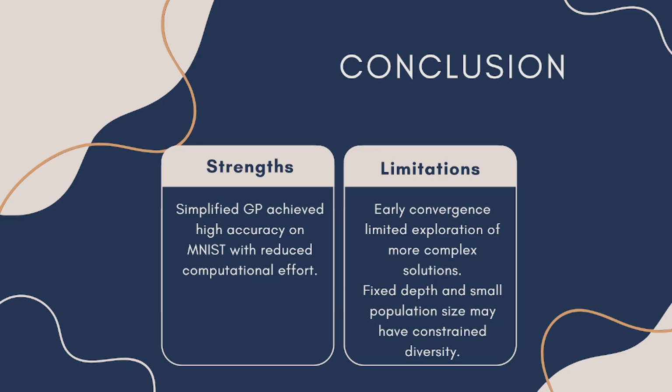And at the end, a simplified GP algorithm achieved a high accuracy on the MNIST dataset for extracting the features to train the SVM model. And this was with a reduced computational effort.